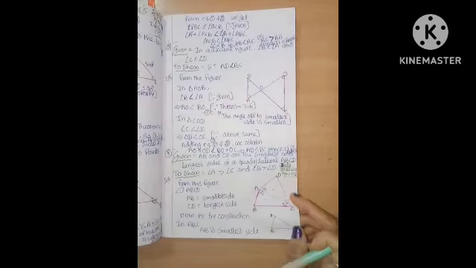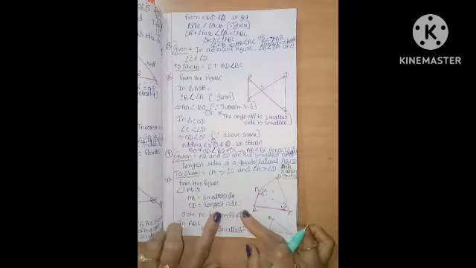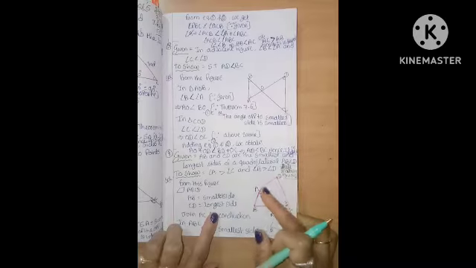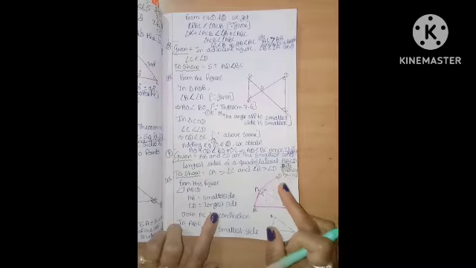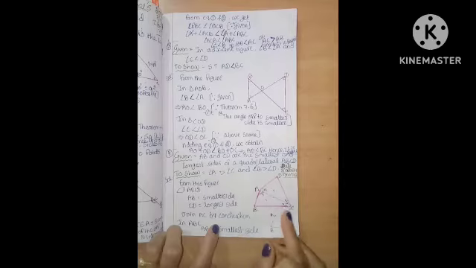In this triangle, CD is the longest side, as given in the problem. So AD is the smallest side, comparing only these sides, and AC is the bigger one.